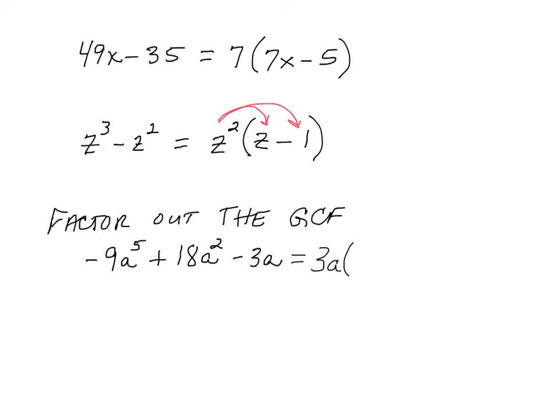So 3a comes out, which leaves us minus 3a to the 4th for this term, plus, we factor out a 3a here, we get 6a for this term.